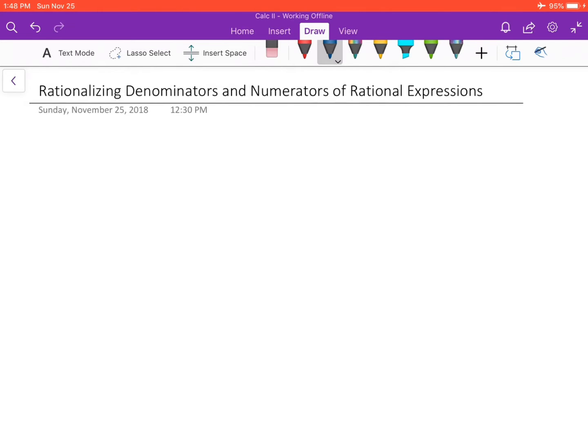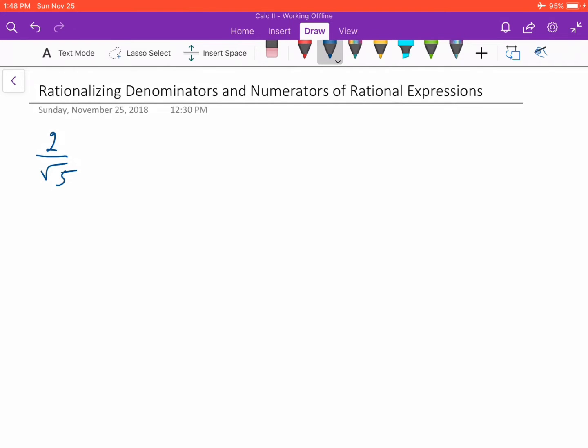Okay, let's now explore rationalization of the denominators. What do we mean by that? Let's say we have 2 over square root of 5.